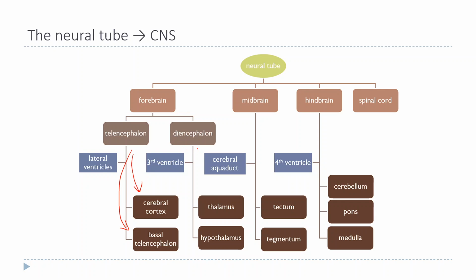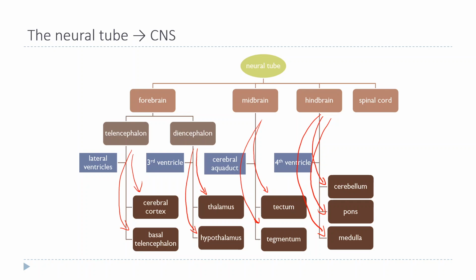The diencephalon grows into the thalamus and the hypothalamus, and then the 3rd ventricle is inside of that. The midbrain grows into the tectum and the tegmentum, and then the cerebral aqueduct is the little tube within it. Hindbrain grows into the cerebellum and the pons, and then the medulla, and then the 4th ventricle sits inside underneath the cerebellum, and then the last part becomes the spinal cord.